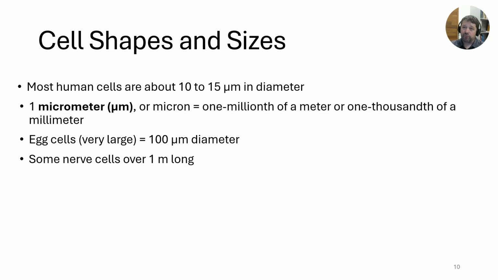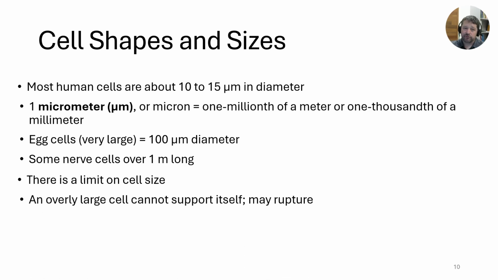Remember that surface to volume ratio: there's a lot of surface area, and they're really thin, and that allows them to extend very long. So 1 meter, roughly 3 feet or so, for those of you who still are working with feet and inches. Fairly long structures.